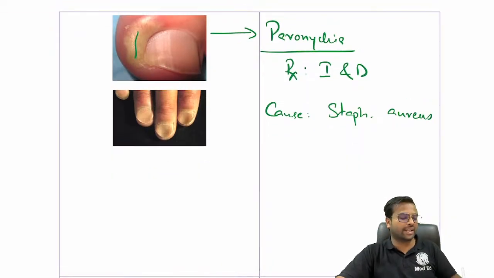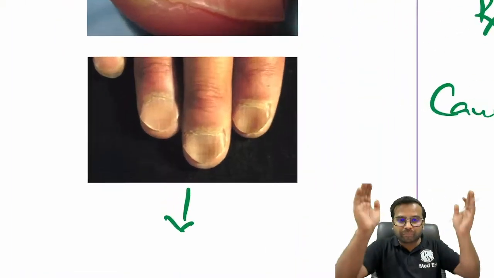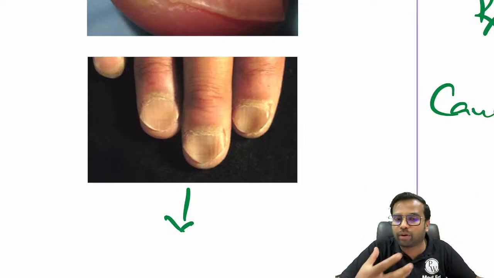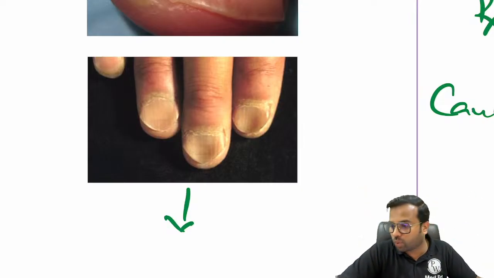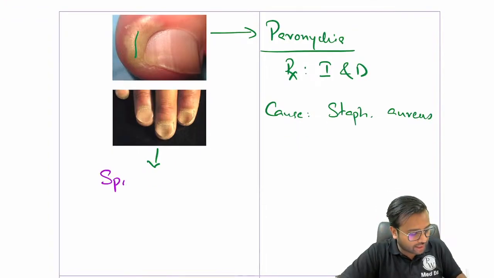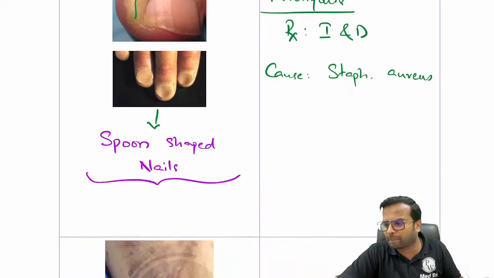How about the next image? In this image, you can see there is some depression over the nails and the entire shape of the nails has changed. Now what is this? Yes, this is called spoon-shaped nails. Does spoon-shaped nails have a specific name?